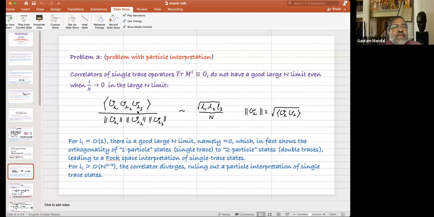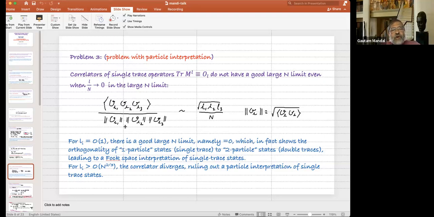This shows that if you construct a state made out of O_L2, O_L3 acting on the Fermi vacuum, it is approximately orthogonal to the state constructed by O_L1 acting on the Fermi vacuum.